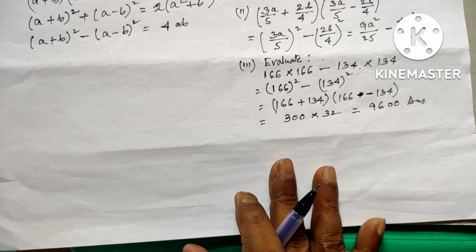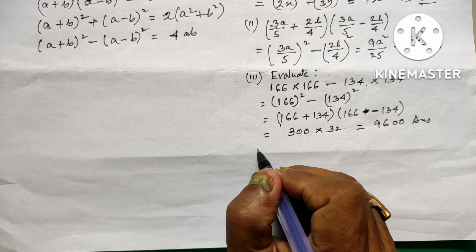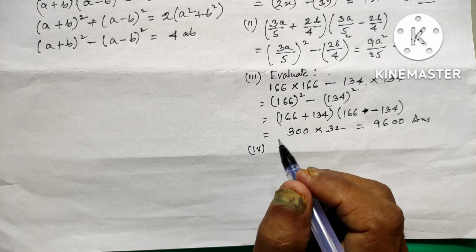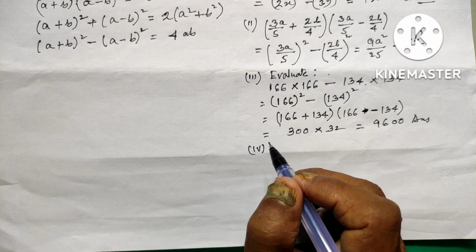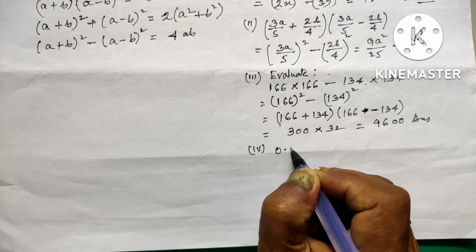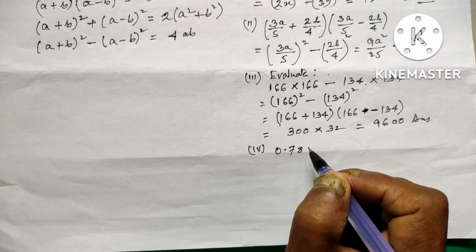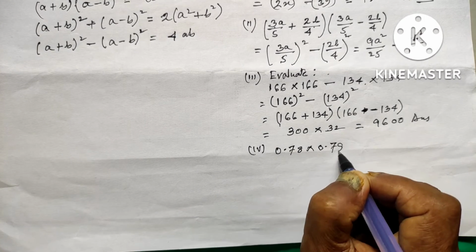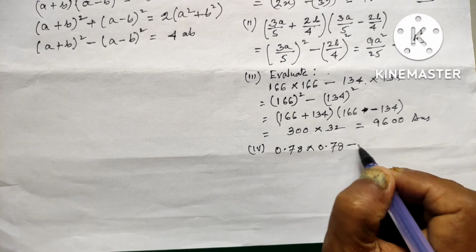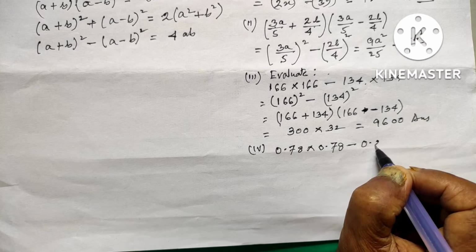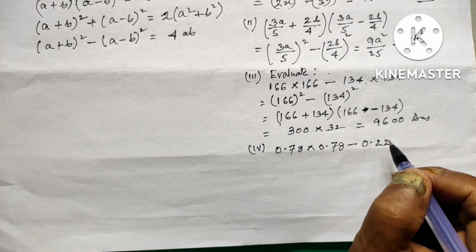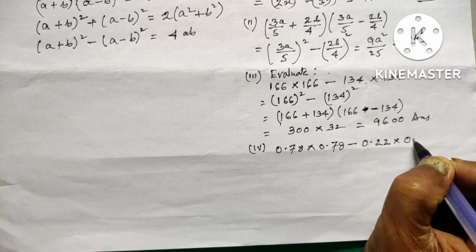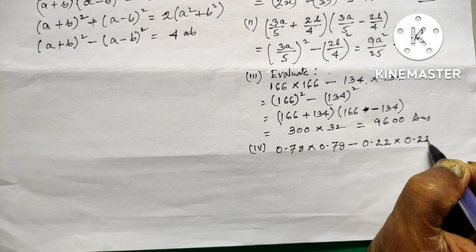Then another interesting thing I am going to work out, that is 0.78 into 0.78 minus 0.22 into 0.22.